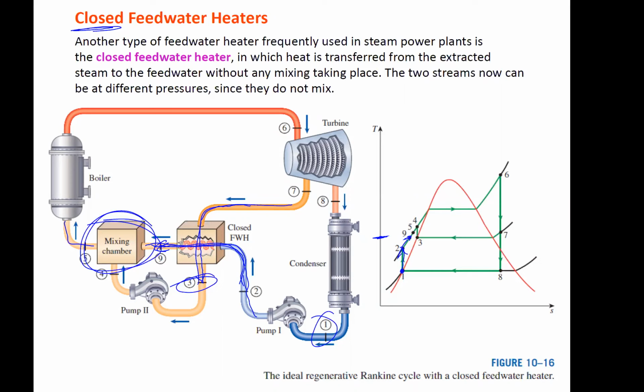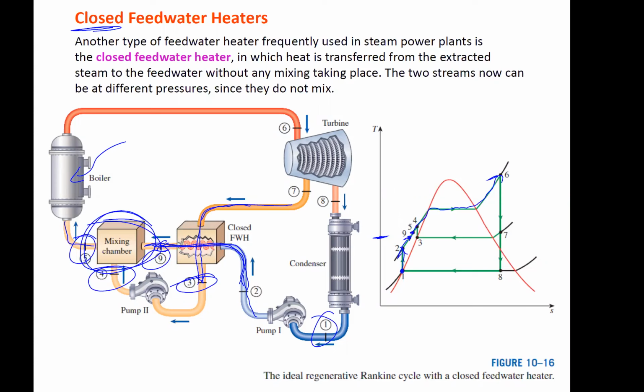So 9 and 4 mix together to give us 5. So 5 is going to be a point in between 9 and 4. Okay, so we'll come back around and show the other loop in a second. So we mix 9 and 4, and that gives us 5, right? And now we add heat in the boiler from 5, and that takes us all the way to 6.